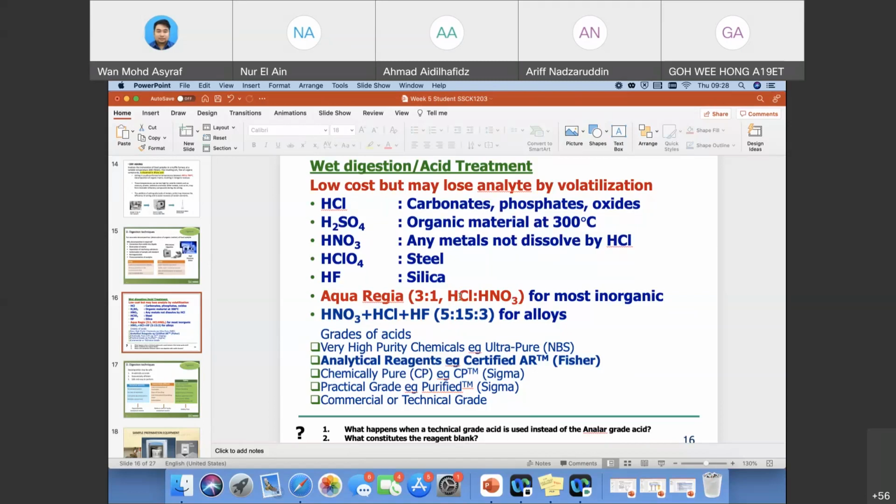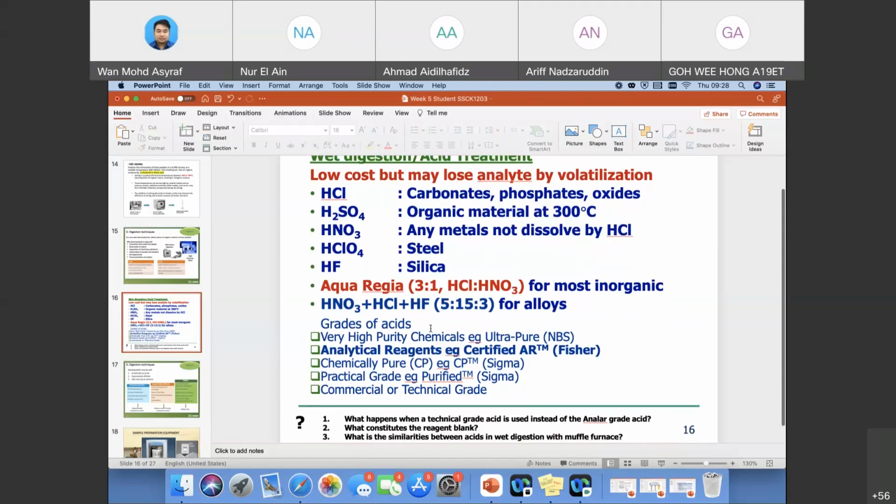Okay. So the grades of acids. So basically the acids ni, the one that you are going to be using for wet digestion must be of very high purity. There is no 100% acid, so you need to have a high purity chemical. High purity, no other interferences inside the acid.